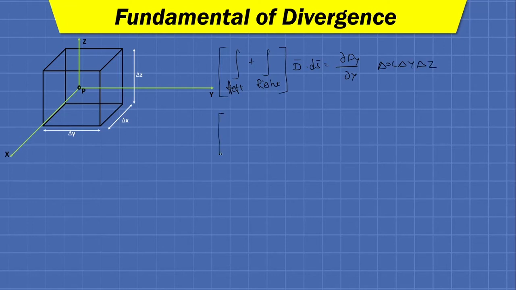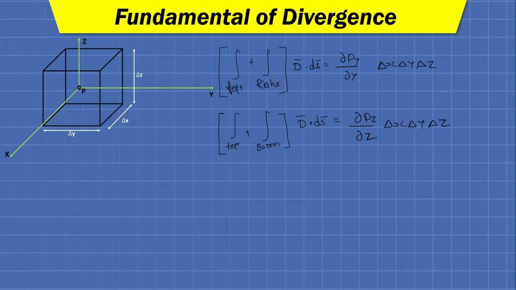The same thing for the top and bottom surfaces gives the result of this pair as del Dz by del z, delta x, delta y, delta z.